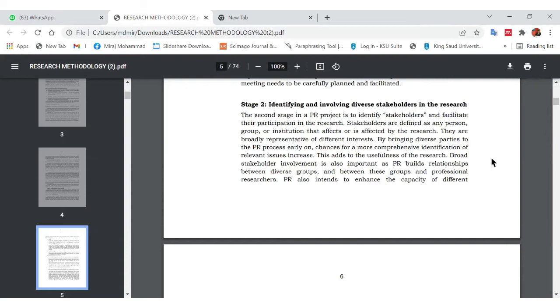There are n number of examples, because in a society there are people who are poor, there are people who are rich, there are people who are middle class, there are people who are overtly poor. So how can there be a homogeneous group in a society?